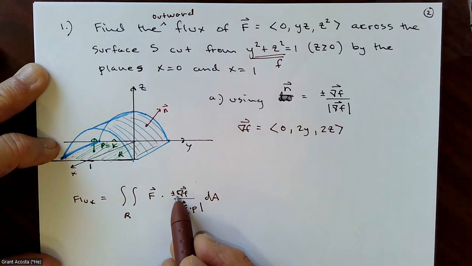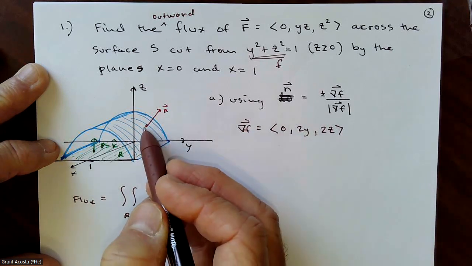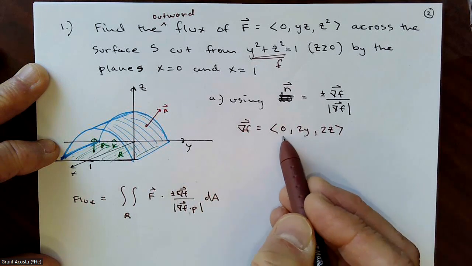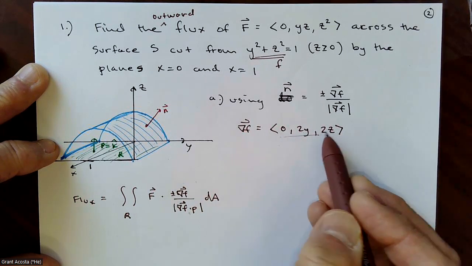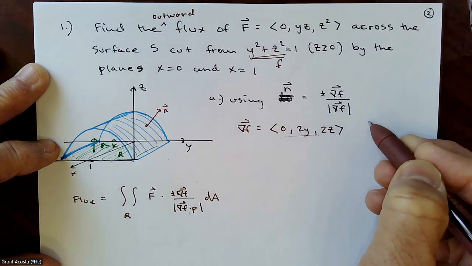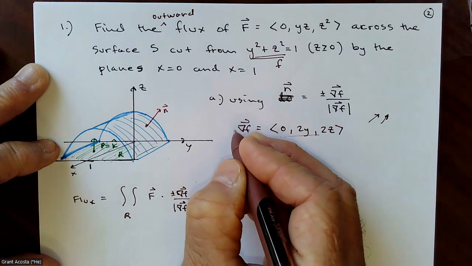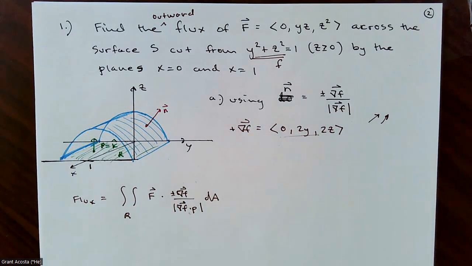I say plus or minus, but hopefully you can see if I'm using positive x, y, and z values, this gradient vector is always going to generate positive y and z values. I'm going to be generating vectors that are going outward, away. So I know that I just need to take the positive of that gradient.